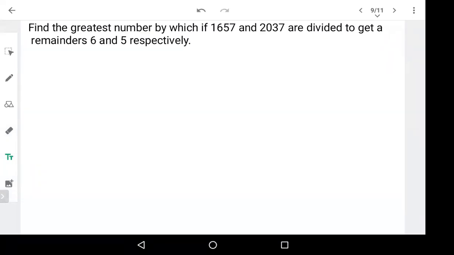Can you give this a try? 1657, 2037, but remainders are given separately. Okay, remainders are given separately, that is 6 and 5.